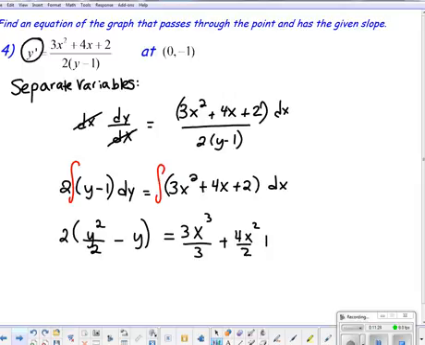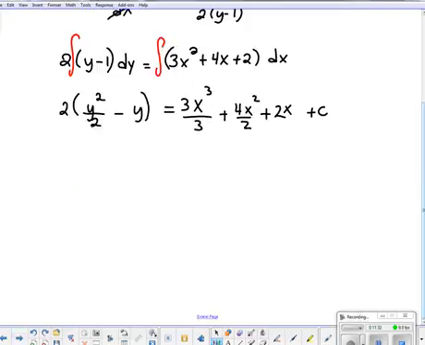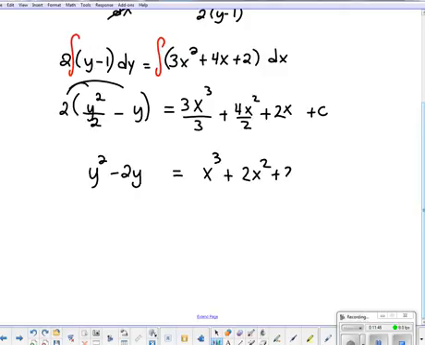We're going to get some canceling. Plus 2x plus c. Next, I think I'm going to go ahead and distribute. So I'll have y squared minus 2y equals x cubed plus 2x squared plus 2x plus c.